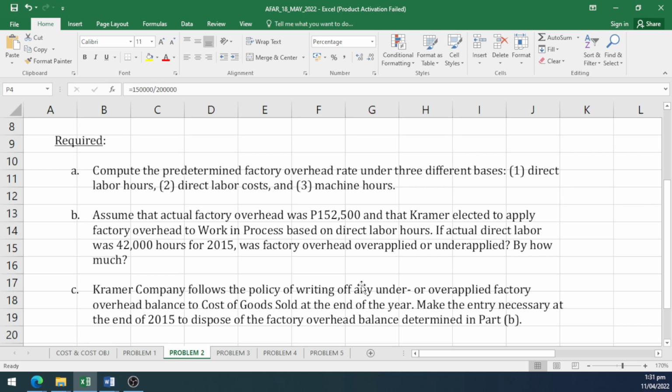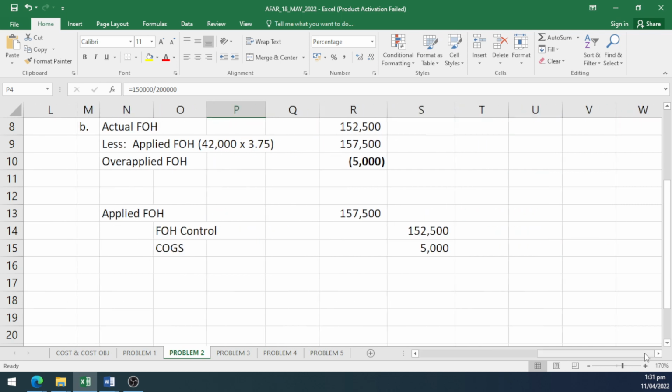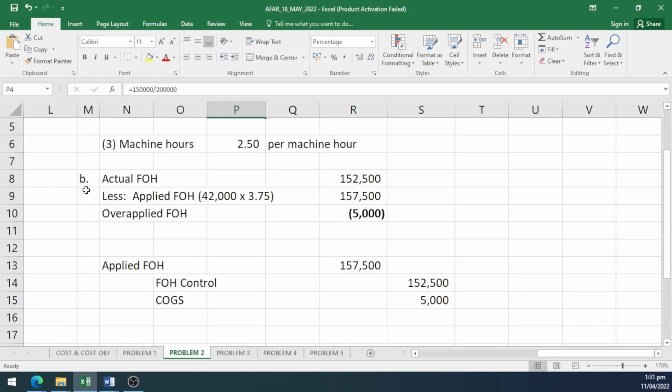Was the overhead over-applied or under-applied and by how much? Compute po natin. Actual factory overhead, 152,500. Applied factory overhead is 42,000 times 3.75. That's 157,500. Then that is over-applied by 5,000.